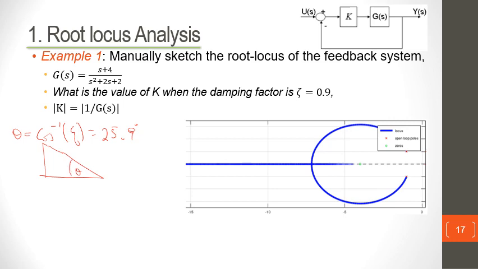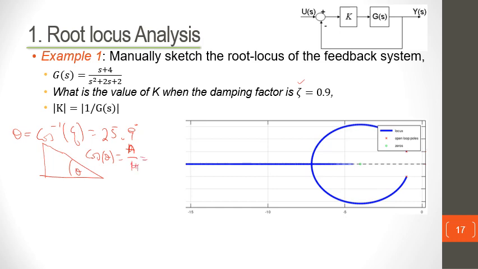So if our zeta is 0.9, this simply means that the cosine of theta is equal to the adjacent over the hypotenuse.